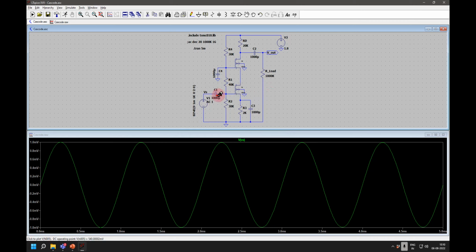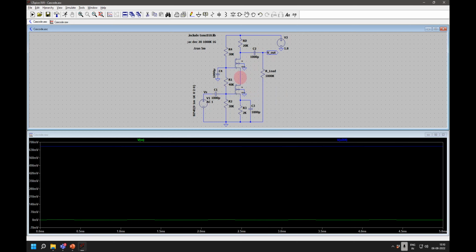This is the input voltage. Let me try and plot here in between. It has got a DC component.